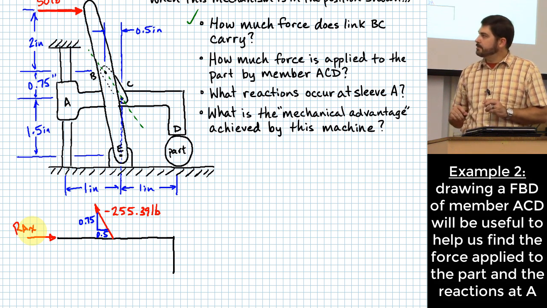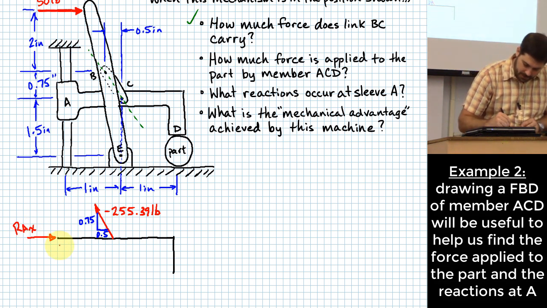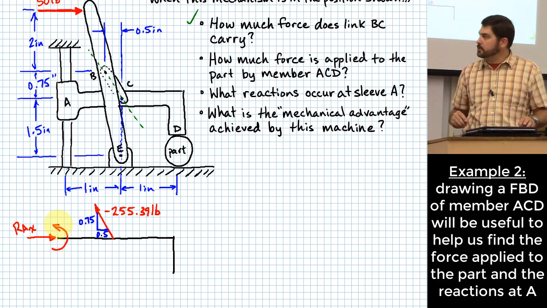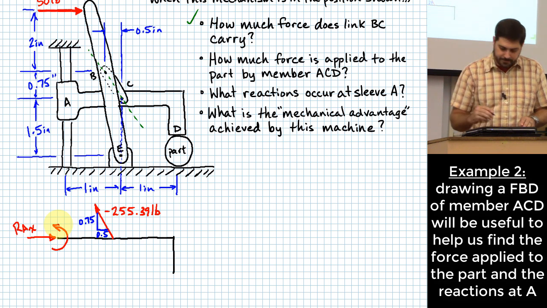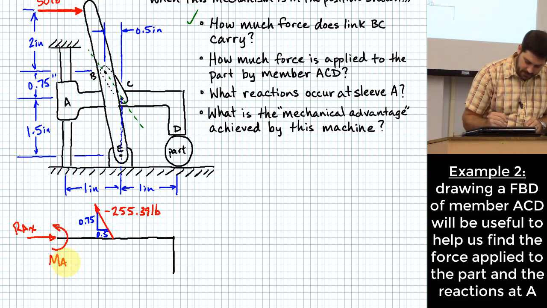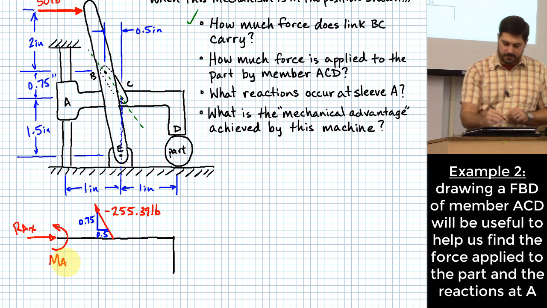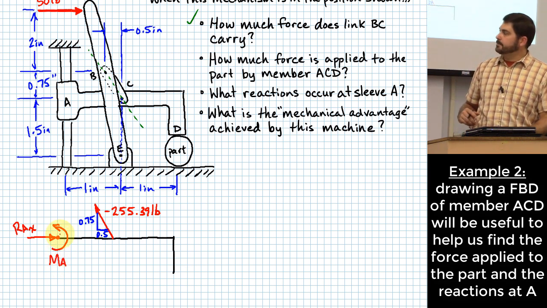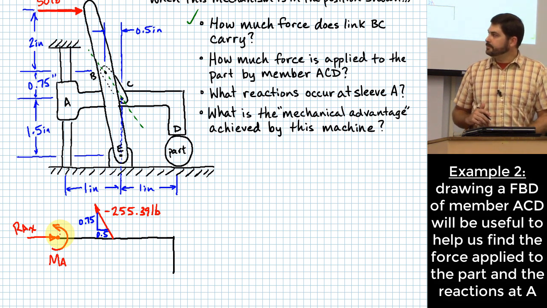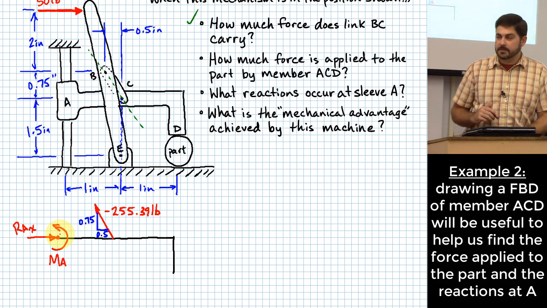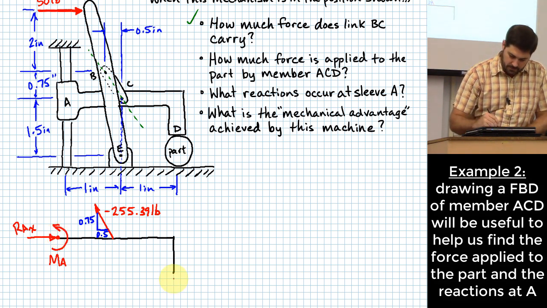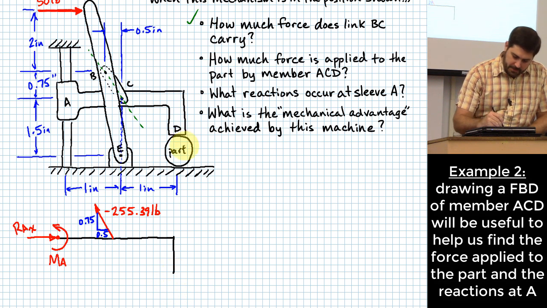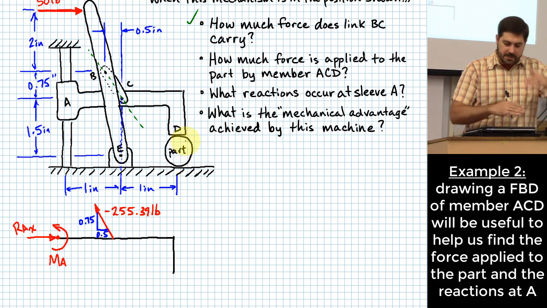And what else? It's also being restricted from rotating at A. So I'm going to put a concentrated moment at that location called MA, right? To say that it's not allowed to rotate at that point. What other forces act on part ACD? Okay. So it looks to me like the part is going to be experiencing this compressive force.